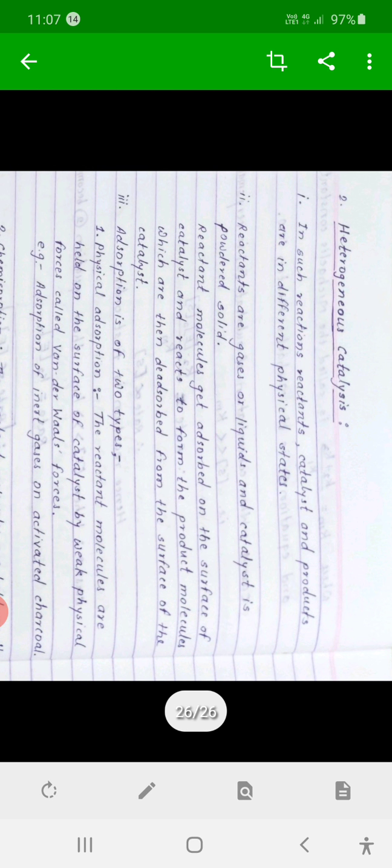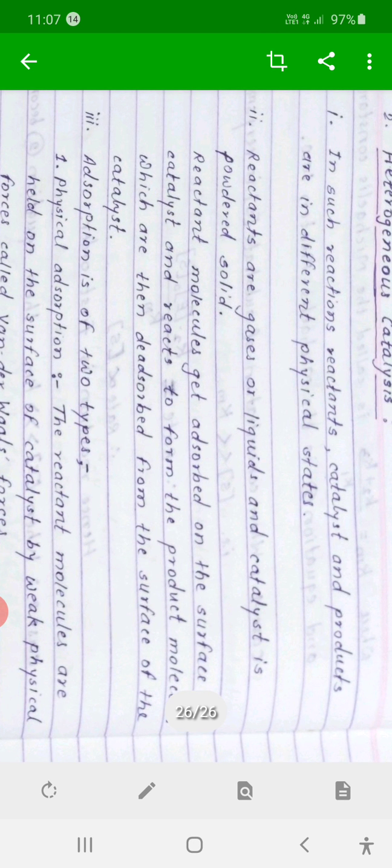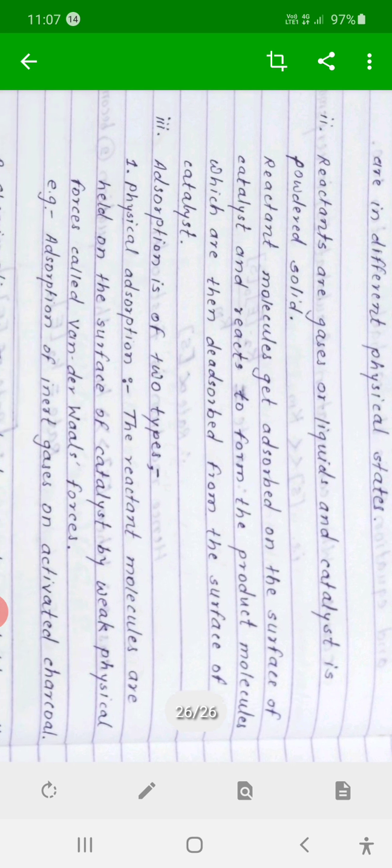Then heterogeneous catalysis: the reactants, catalyst and product are in different physical states. Reactants are gaseous or liquids and the catalyst is a powdered solid.